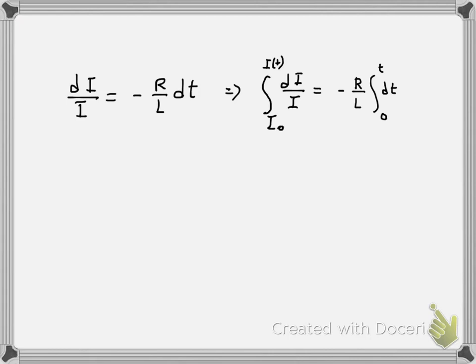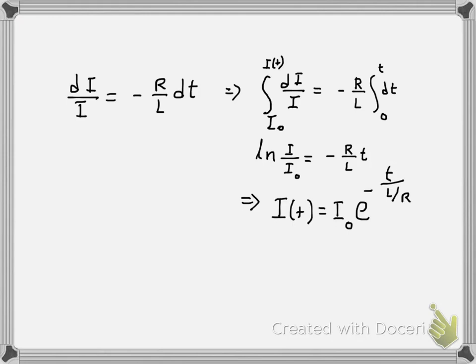Those integrals are easy. The limits of the integration are, as you can see there, that at t equals 0 we had some initial current I naught in the circuit, and after some time t we'll have a different amount of current. The integral on the left hand side is the natural logarithm of I over I naught, and on the right hand side it is minus R over L times t. That allows us to find that the current in the LR circuit is also going to fall exponentially.